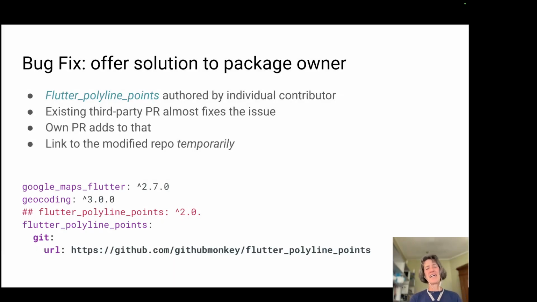So what do you do in this situation? So what I decided is, so it turns out this package is authored by a single author. The problem had been documented already at the time when I looked at this. There were other people who had already submitted fixes. I didn't quite like the fixes that they had proposed.